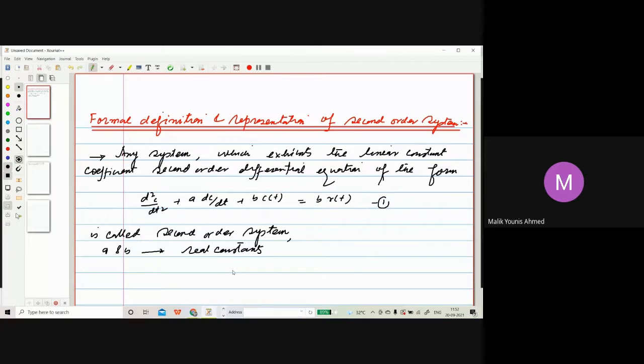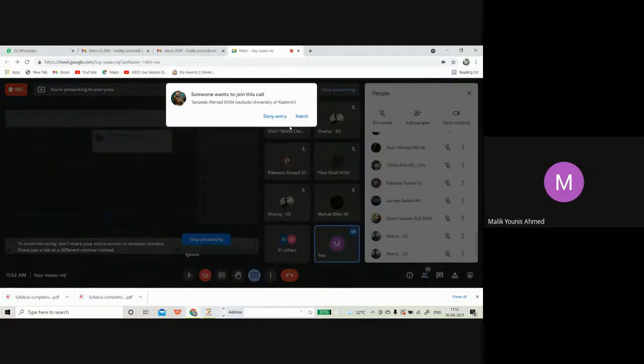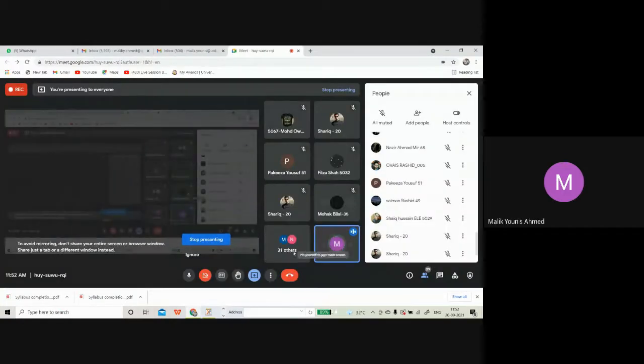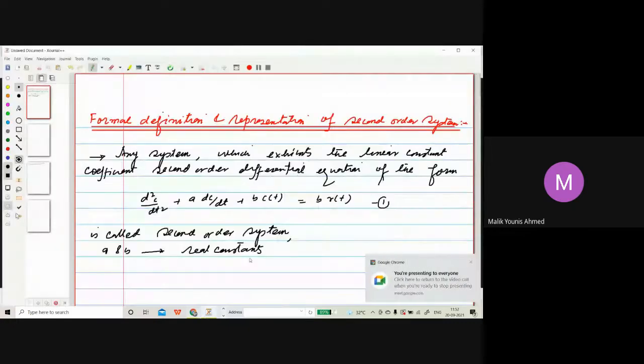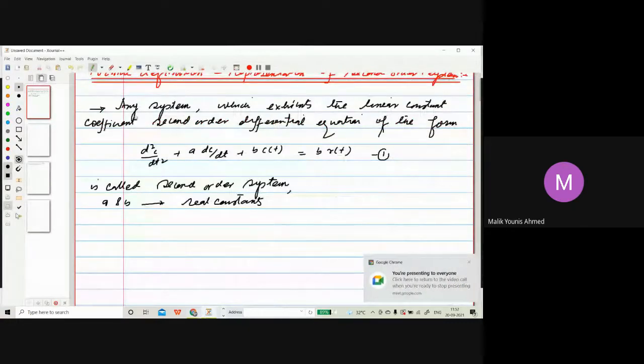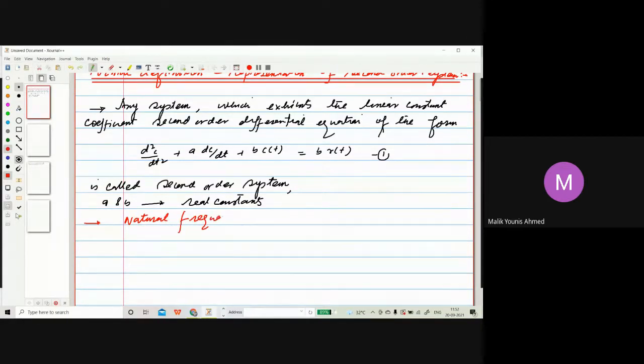Now, before we formalize this system, let's talk about some definitions of this system. The first definition is the natural frequency, omega n.